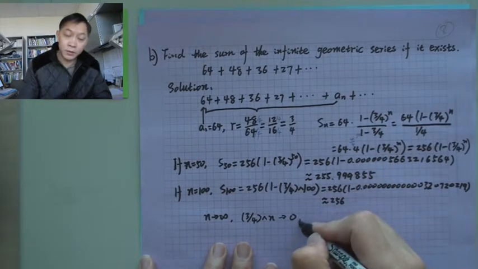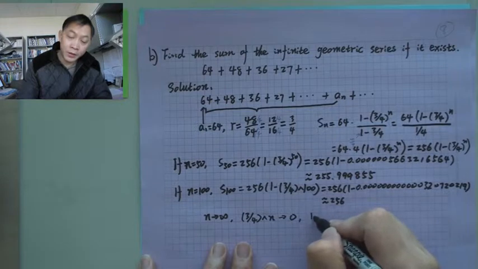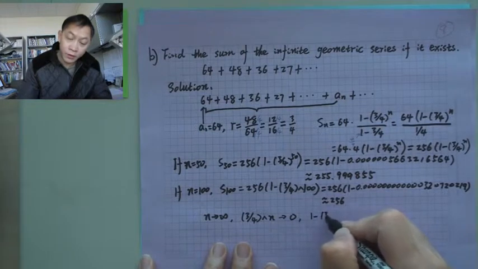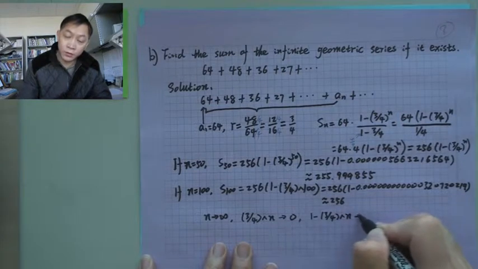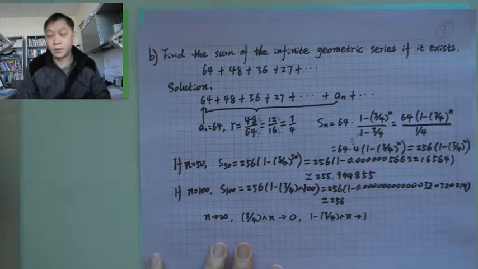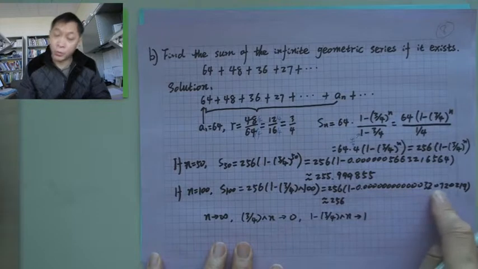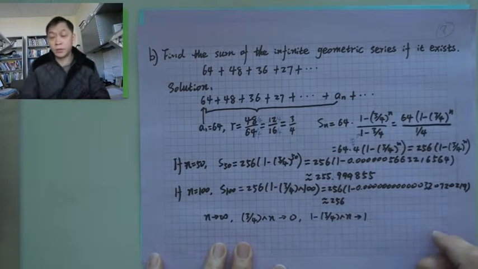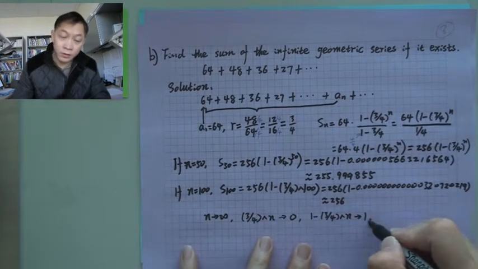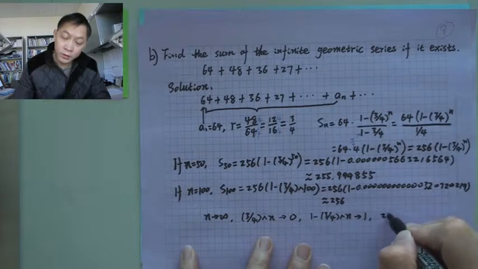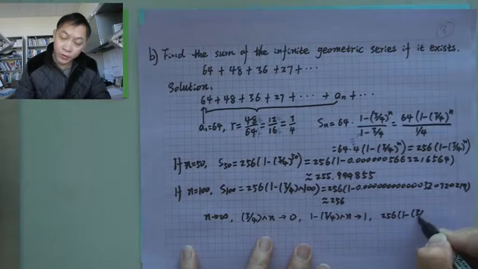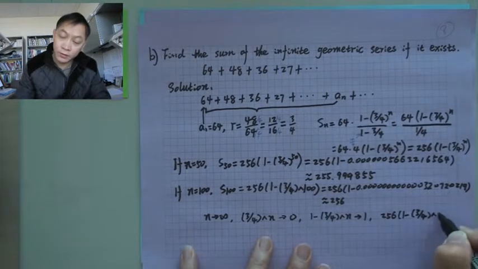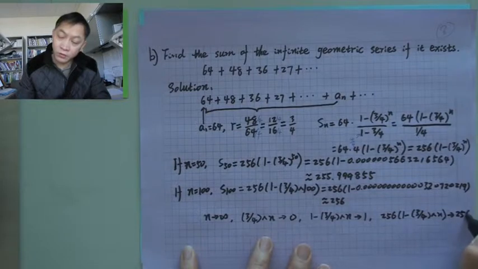And then 1 minus 3/4 to the n is close to 1. Okay, because 1 minus a very small number is closer to 1. So then what we have is 256 times 1 minus 3/4 to the n is close to 256.